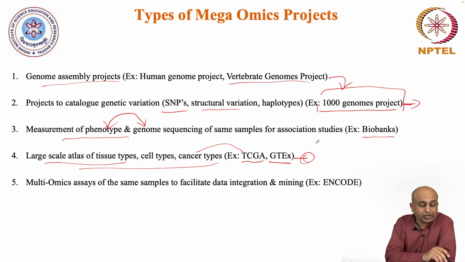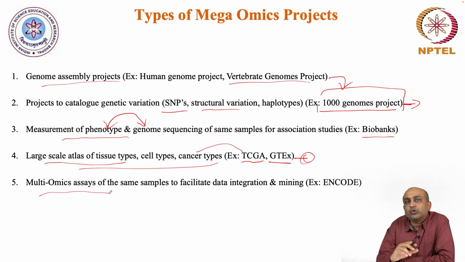Then of course you can have multi-omic assays, that is, you are not doing just genomics or just transcriptomics or just one or two of them, but you are doing many different assays, whether it is proteomics, epigenomics, again multiple types of transcriptomics, right? You maybe are measuring mRNA, you are measuring microRNA, you are looking at other types of non-coding RNA.